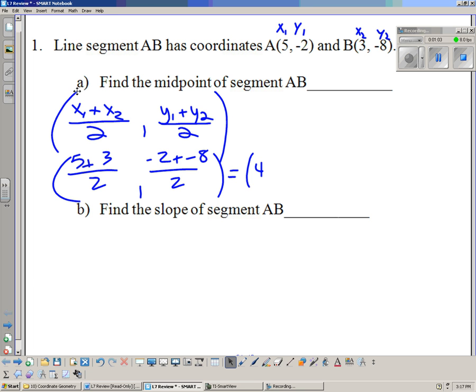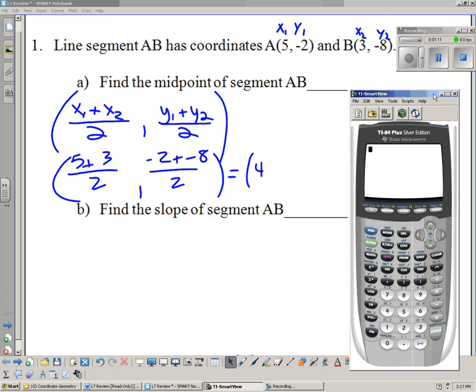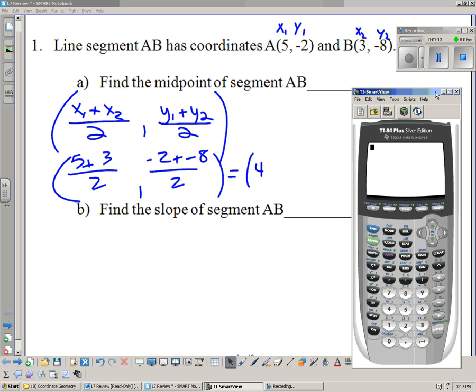What you can't do on the calculator is the following. This is what some people are doing: 5 plus 3 divided by 2. That's going to give you 6.5. That's the wrong answer.